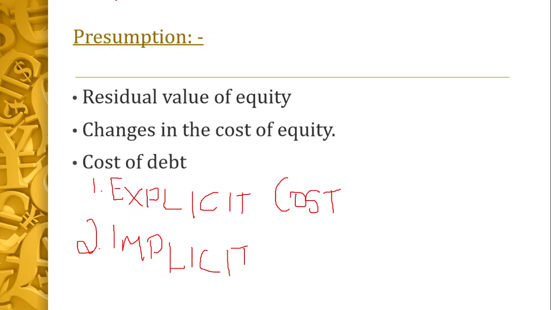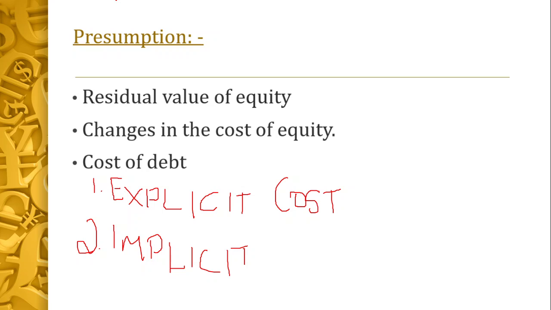There is no such thing as an optimum capital structure, because there would be no changes according to the NOI approach. Irrespective of the debt portion, irrespective of the equity portion, the cost of capital is going to remain the same. That's why it tells that the capital structure decision is irrelevant.